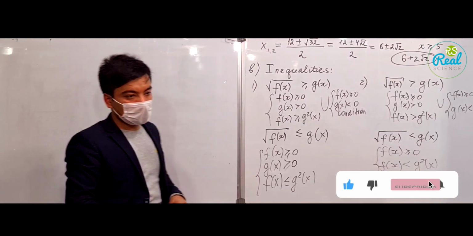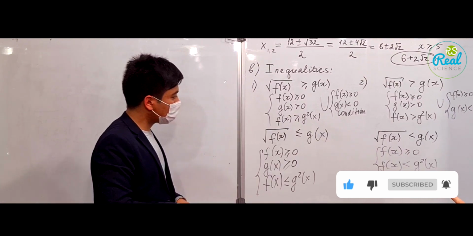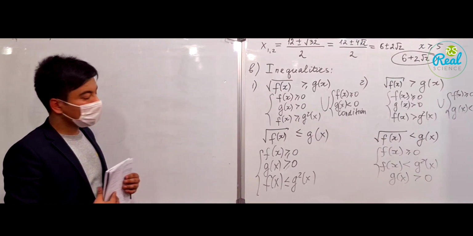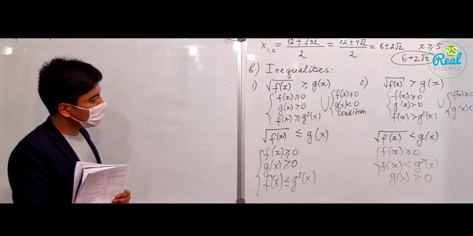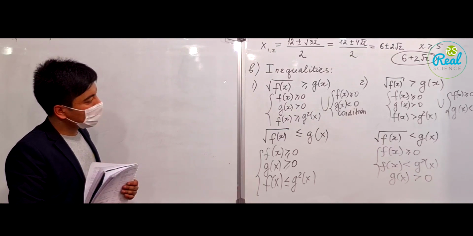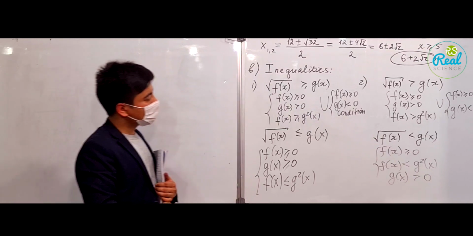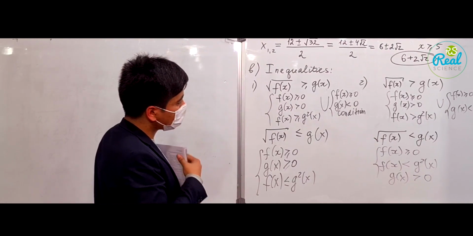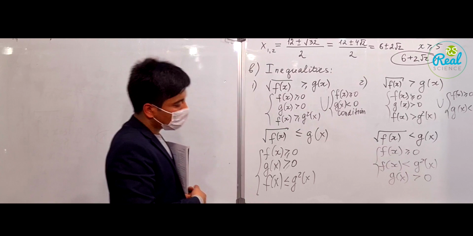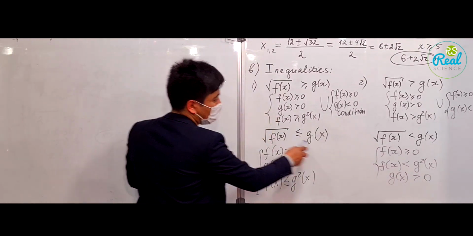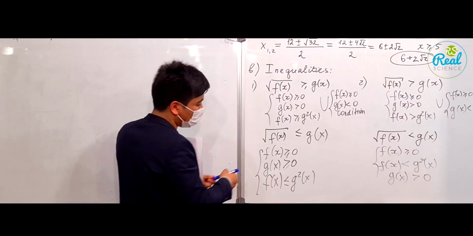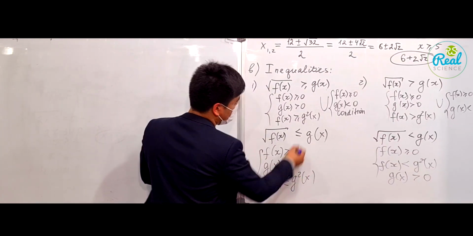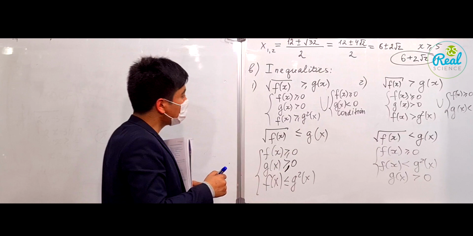Mr. Michel, I didn't understand why here g(x) is strictly greater than 0. Here g(x) is greater than or equal to 0, and here g(x) is greater than 0. Oh, you mean in this part, yeah? You mean there is a dash, but there is no dash. Why?